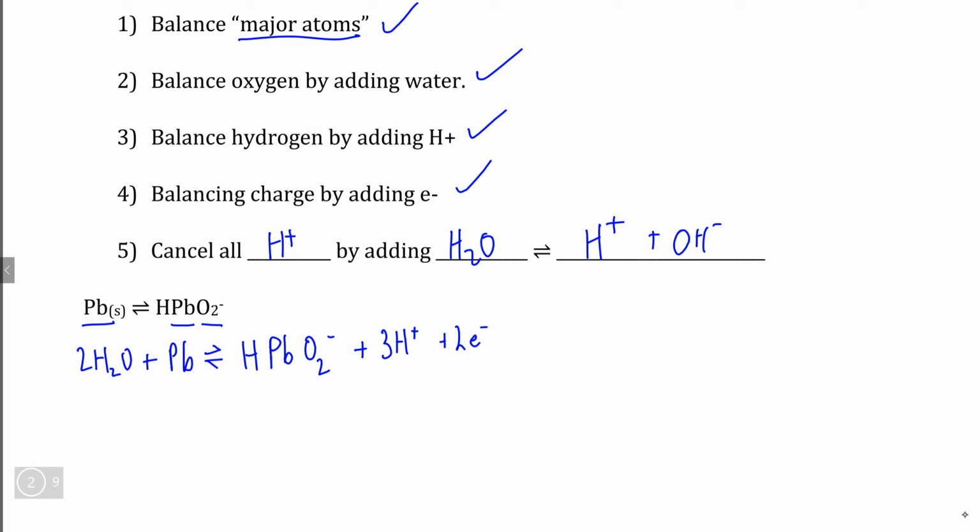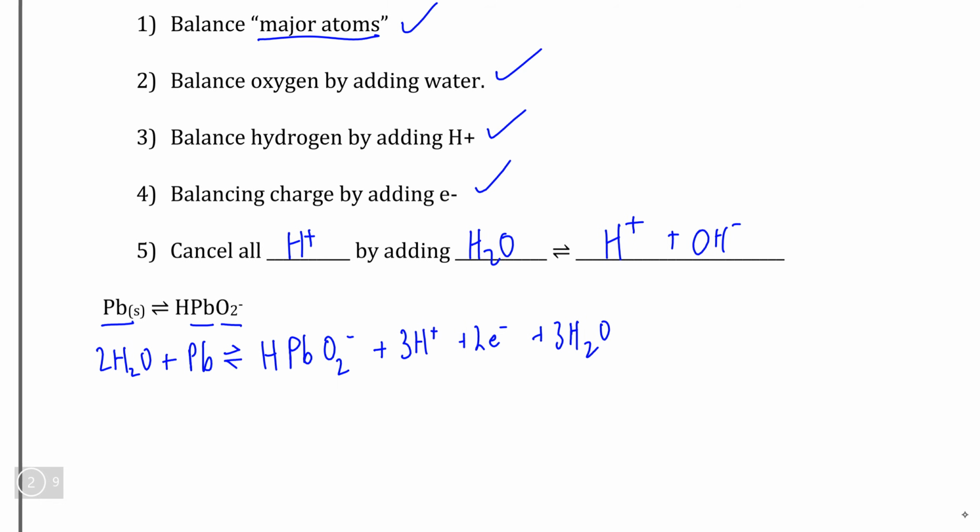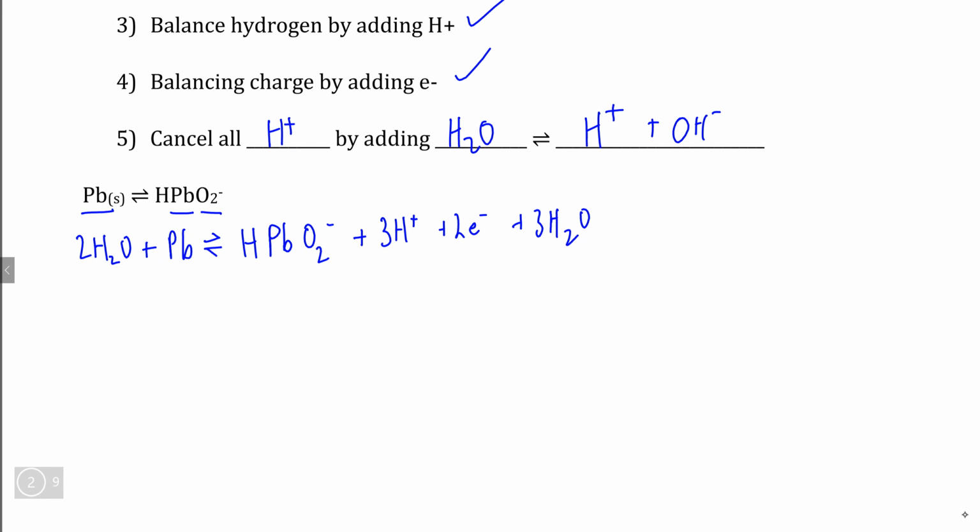So if we know that we have 3 H+ in the product side, if we add 3 water molecules here, that would mean that we are adding the equivalent of 3 H+ and 3 OH- to the opposite side of the reaction. And if we do this, not only are we not changing the mass of either side because we've added 3 water to both sides just in different forms, but because +3 - 3 is 0, we're also not imbalancing the charge.